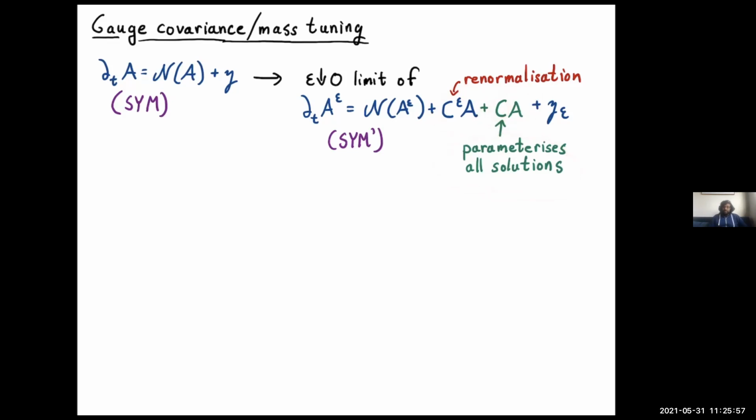Now, one important thing here is that these sorts of terms, if you just looked at the deterministic flow, would break gauge covariance. This mass term does not transform in the right way under a gauge transformation. The regularization we use is the same as what many people use in singular SPDE, which is space-time mollification.